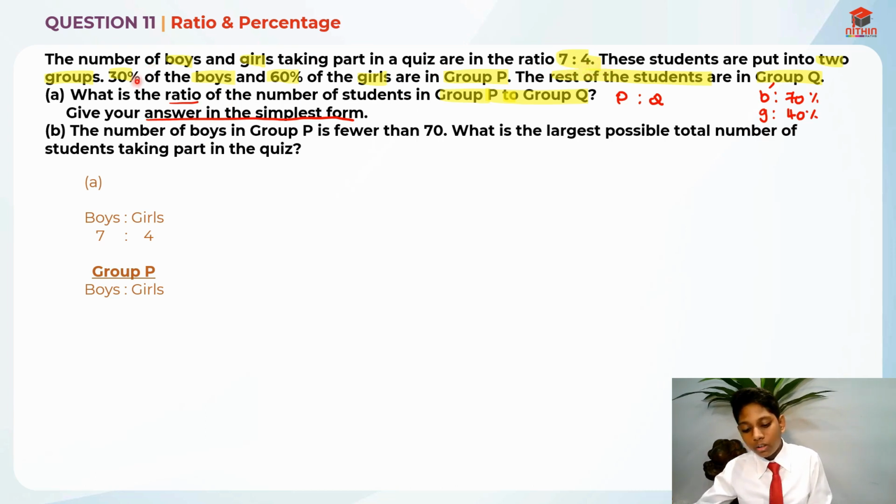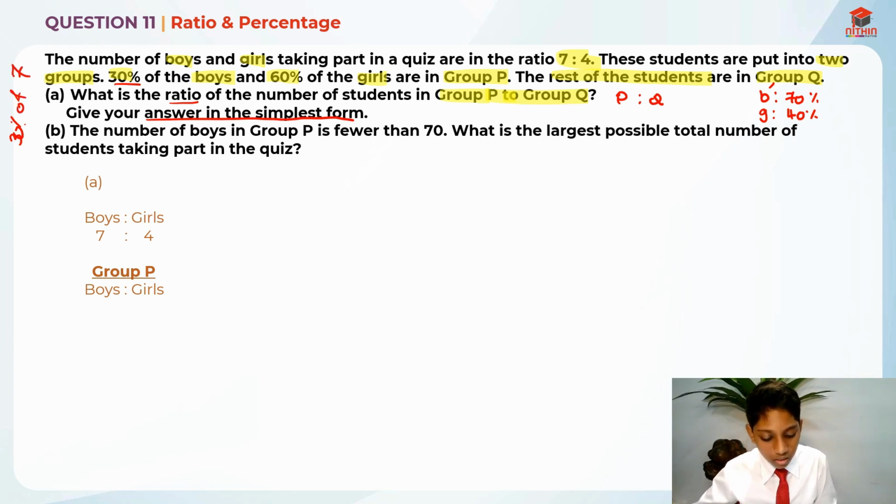So basically what we are going to do is 30% of the boys, so 30% of 7. So it means that it is 30% of 7, okay?